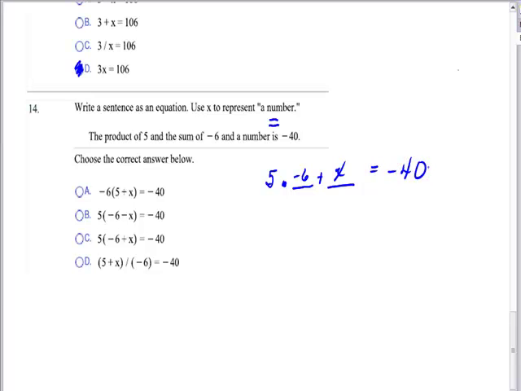I hope that you are sitting there thinking, oh, she's forgotten something. This is 5 times a sum. The only way the 5 can get multiplied by the entire sum is for there to be parentheses, so distributive property would be used. So this is just like we had an earlier problem where it was a number times a difference. So let's see, I think that is choice C.